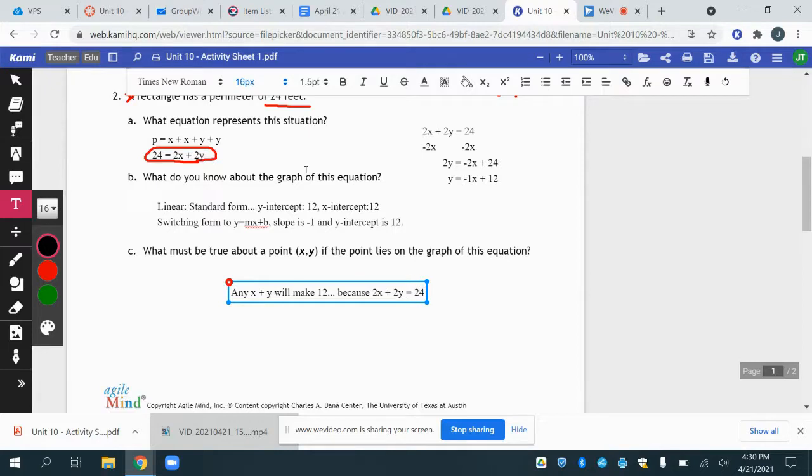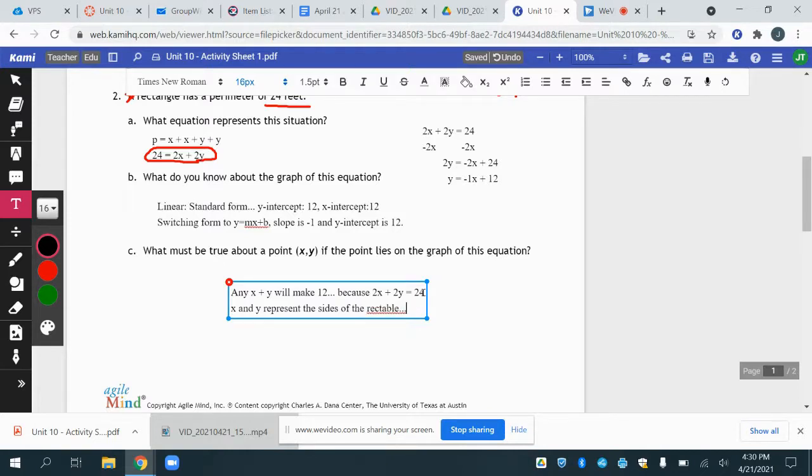So if 2 x's and 2 y's makes 24, half that many makes 12. So x plus y will make 12. In other words, they make up the sides. X and y represent the side lengths of the rectangle.